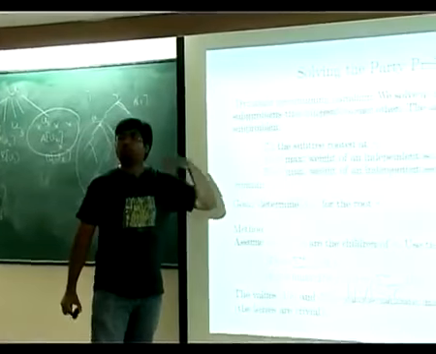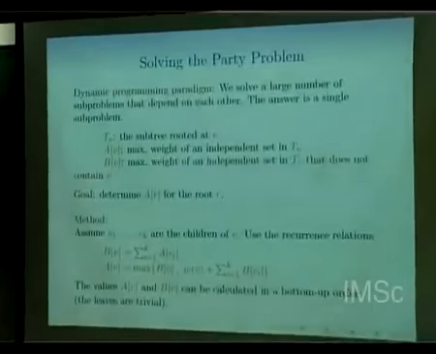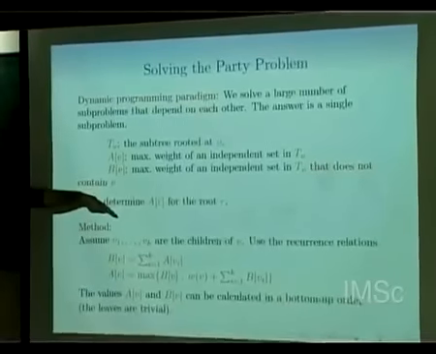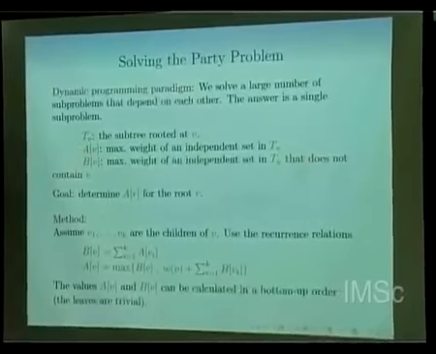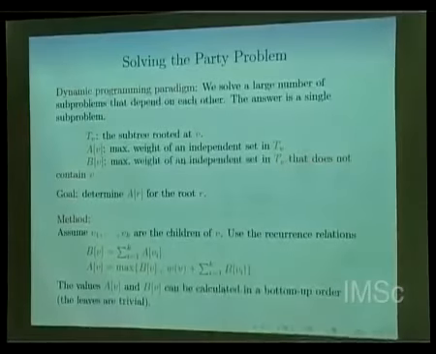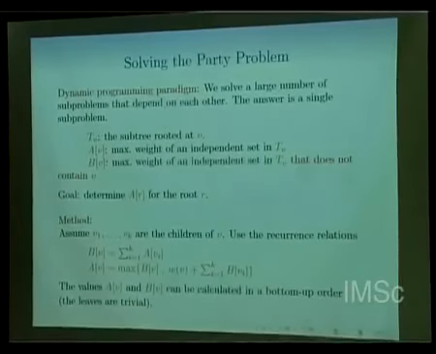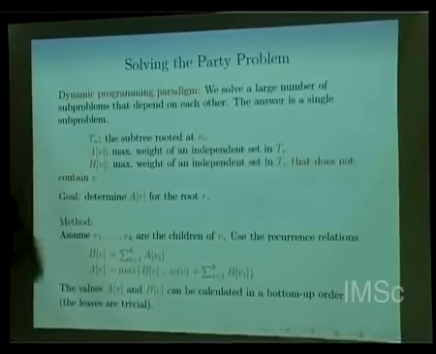You need to keep enough information so that you can compute the optimum solution for the whole object. You need to come up with some set of invariants which, if given, let you compute the optimum solution. For example, here B of V was the invariant which helped us compute A of V.